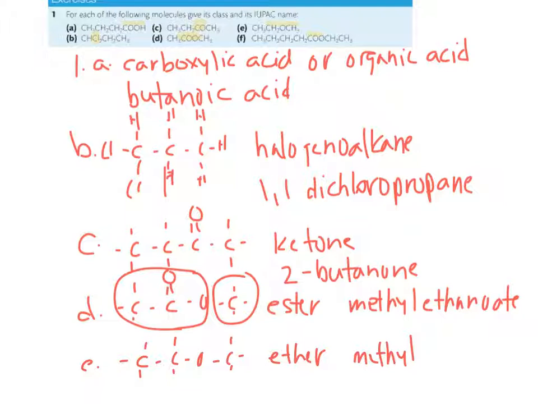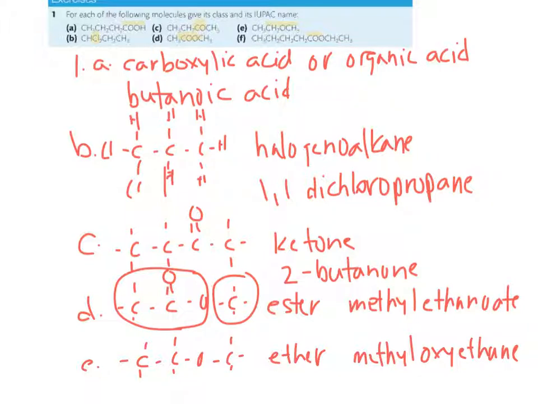And then this becomes methyl oxy, showing that it's a methyl joined by an oxy, ethanoate, or ethane, I'm sorry. So methyl oxy ethane. So a methyl and ethane joined together by an oxygen. So it's the shorter one followed by oxy and then the name of the longer alkane group completing it.